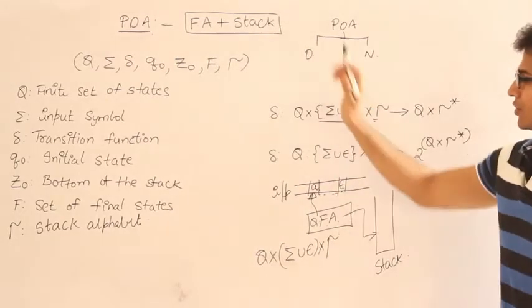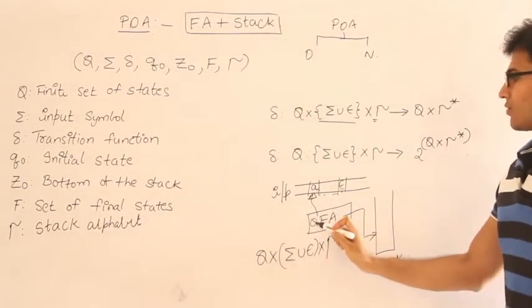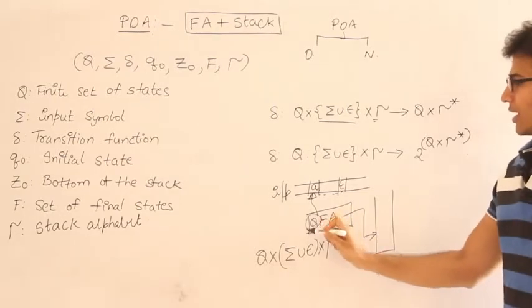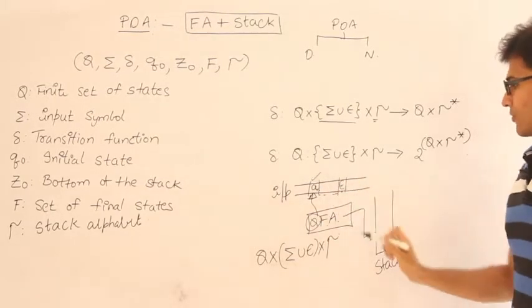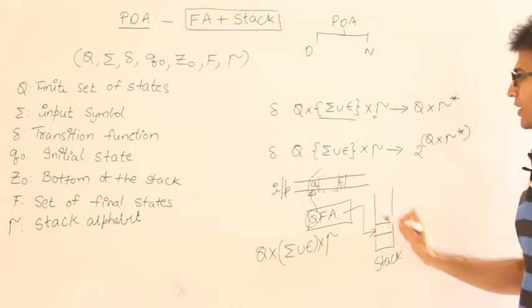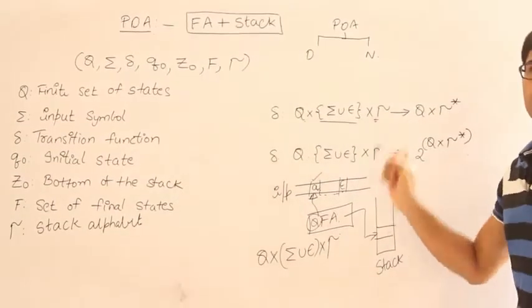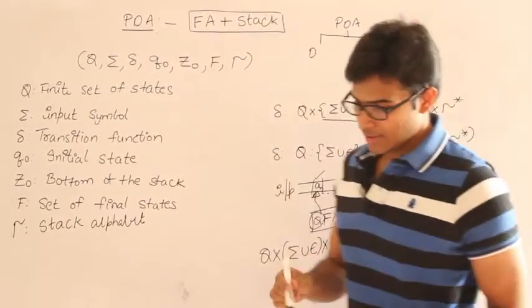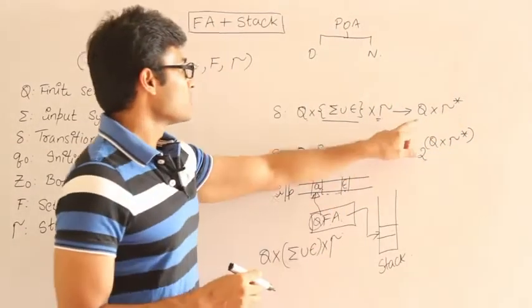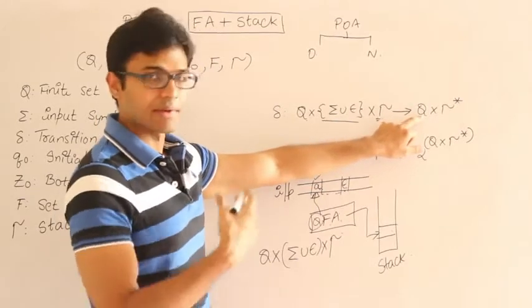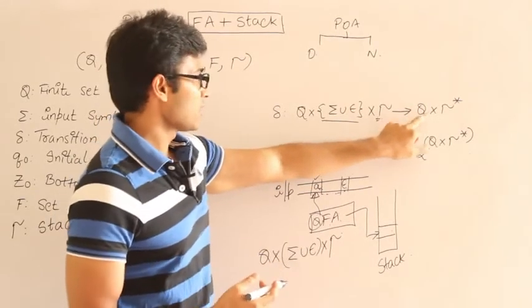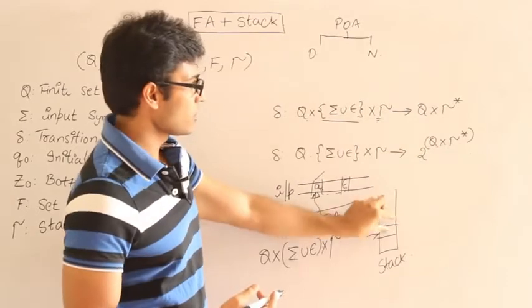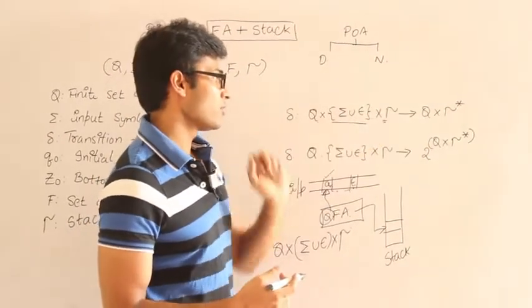Therefore, the push-down automata is going to see the present state, the present input and the present top of the stack. Depending on these three, it will decide what to do. It could decide to go to some other state, or stay in the same state, and then push something onto the top of the stack.